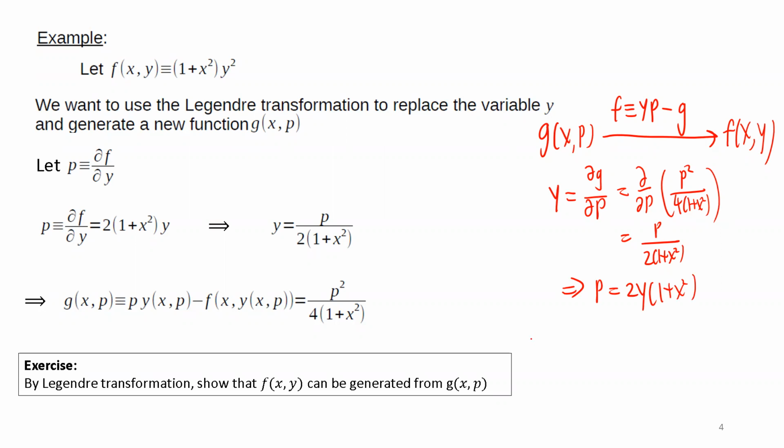Finally, f is y times p, where p is this whole thing, 2y times 1 plus x squared, minus g. g would be p squared, and p squared is this whole thing squared, so 2y squared times 1 plus x squared, all squared.